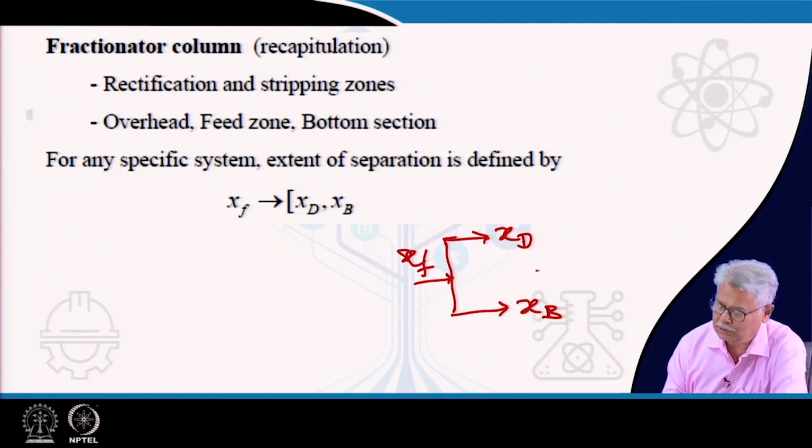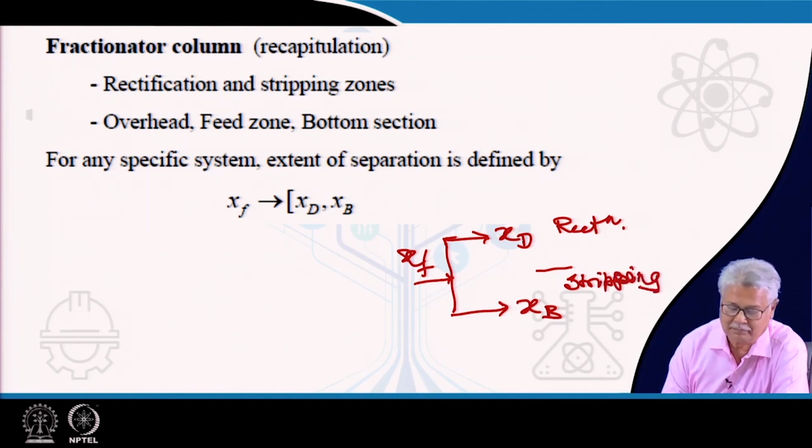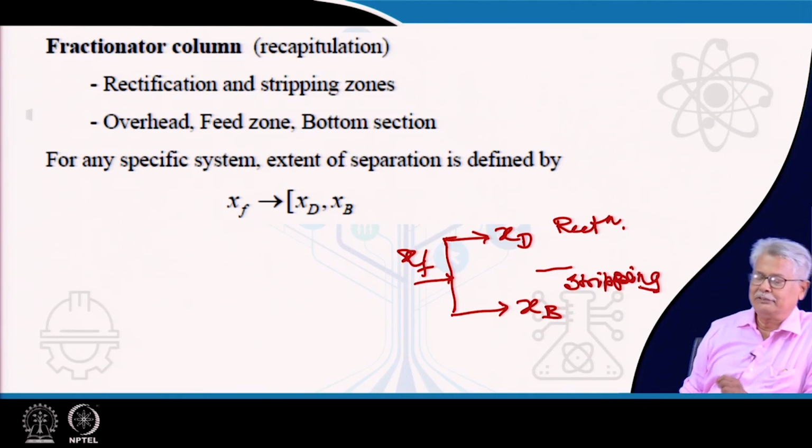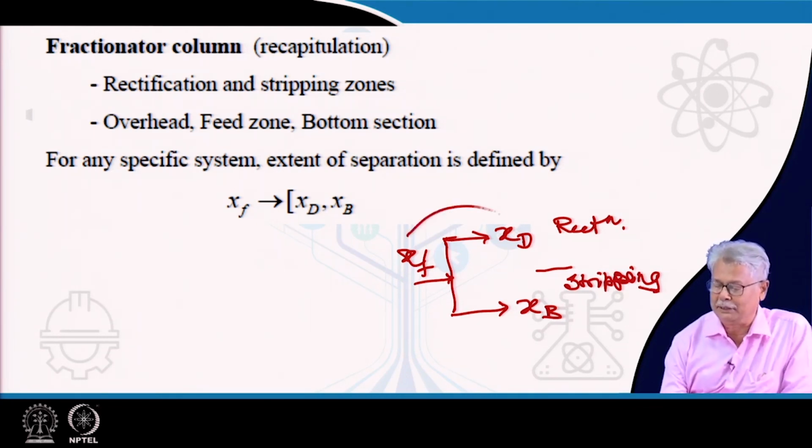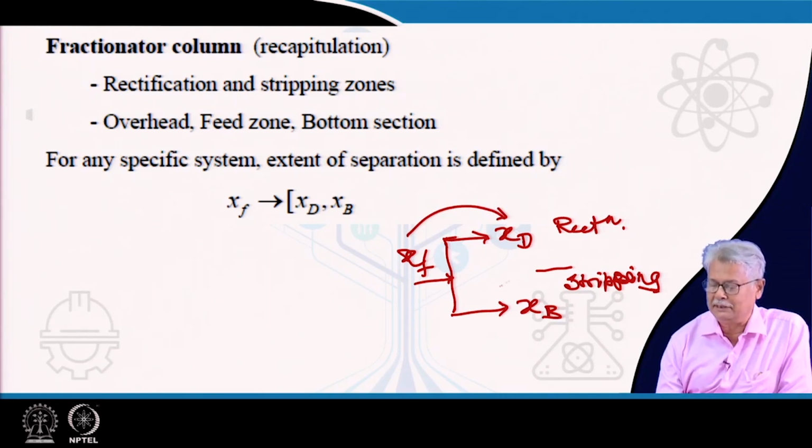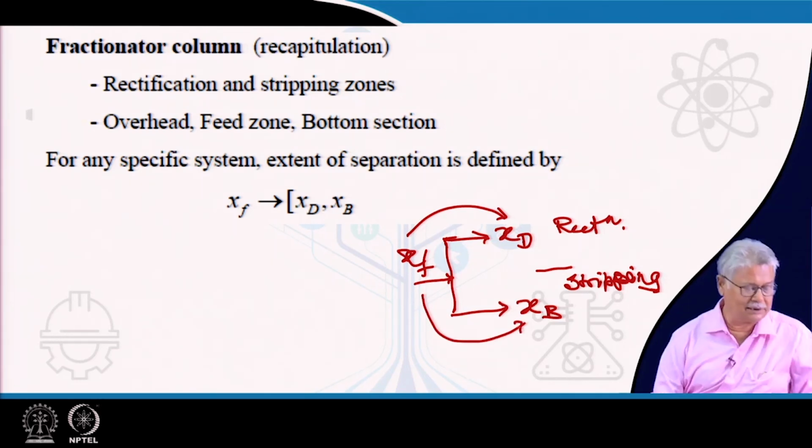We also know the upper section is going to be the rectification section, the bottom section is going to be your stripping section. For any specific system, the extent of separation is going from XF to XD, if my top product or the distillate is my desired product, or going from XF to XP if my bottom product is a desired product here.